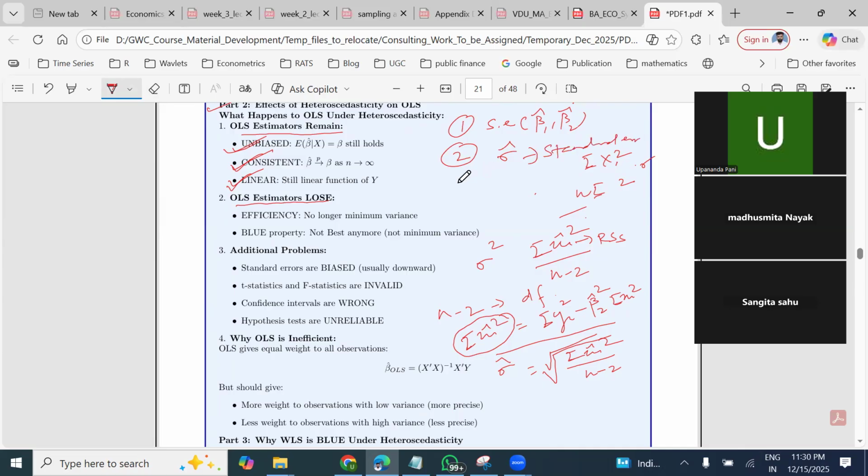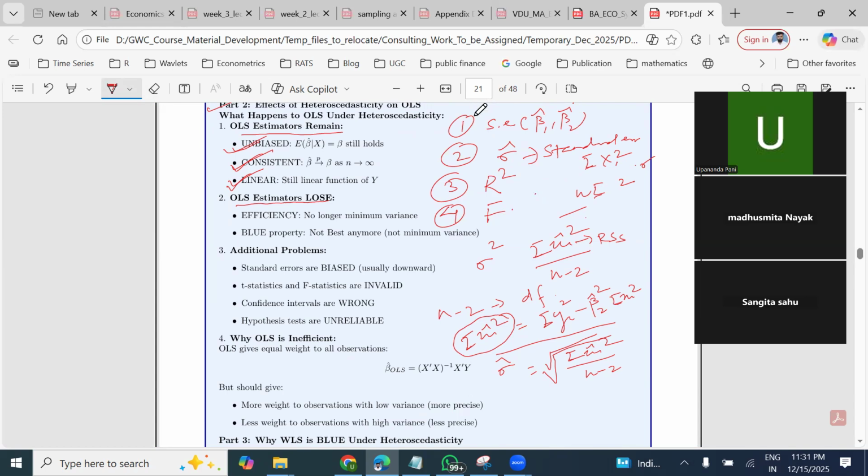Third, what will you check? The R square. The fourth one is also there, which I will be discussing, that is the F test. But the F test will usually come first, because I have not discussed it yet.